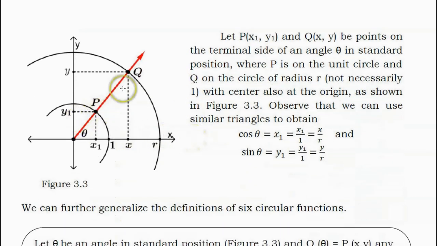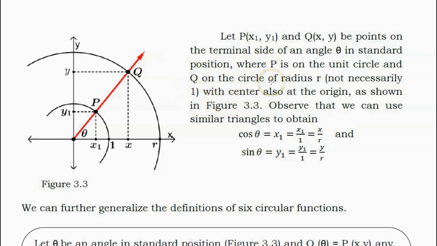We have point P and point Q. Point P is a point on the unit circle, while Q is a point on a circle which is beyond the unit circle. So we have the point P denoted by x sub 1 and y sub 1, and we have the point Q, which is denoted by x and y.